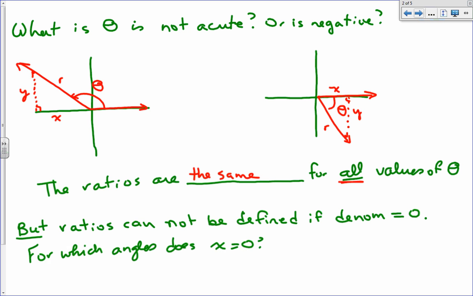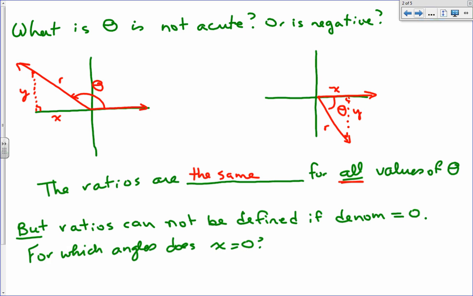So even if the angle is one that's more than 360 degrees or 2 pi radians, even if I were to rotate a couple of times around, if point P is on the terminal arm, we can say that the sine is y over r, the cosine is x over r, etc. Okay?